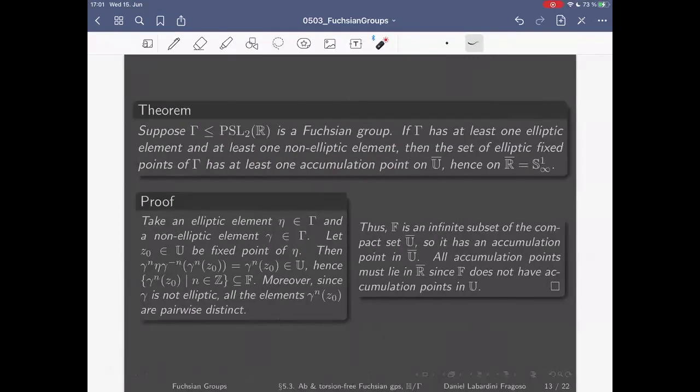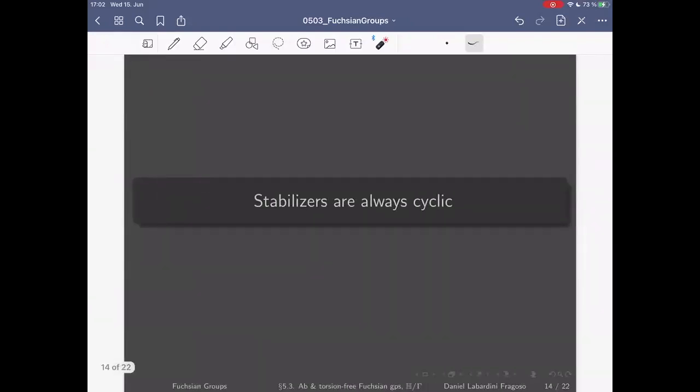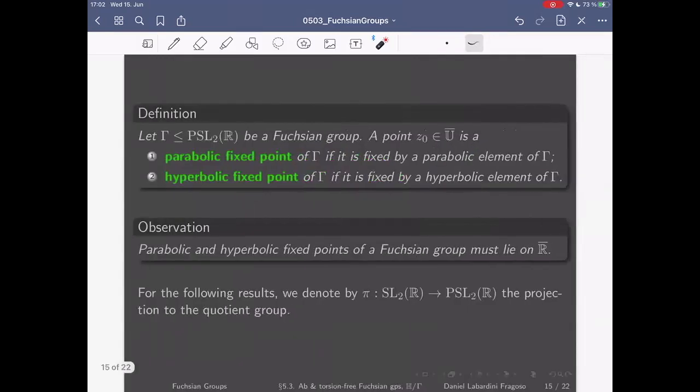Good. So now we already know a few things about fixed points and stabilizers. And now we want to show that the stabilizers are always cyclic groups. We've already talked about elliptic fixed points, which are those that lie strictly inside the upper half plane.